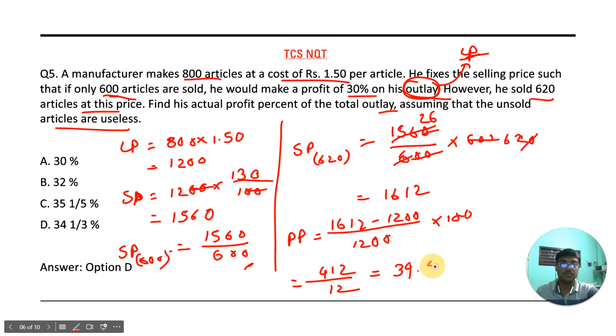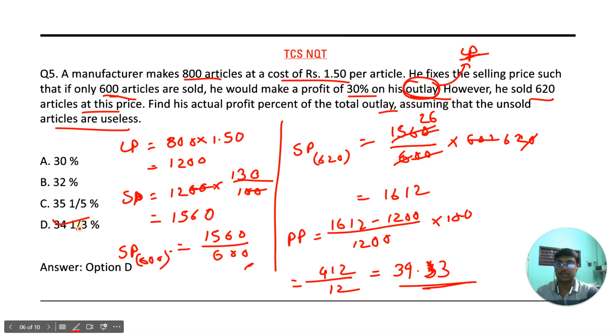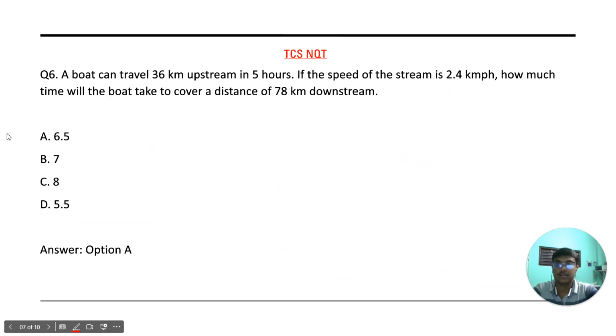So again it would be 4. Sorry, it would be 3. 12 threes are 36 and then again 3. So 34.33. 34 is this. Option D is the correct answer. So this is our answer. Hope you all got the logic. Let's move on to question 6.